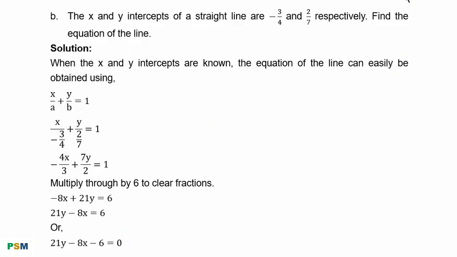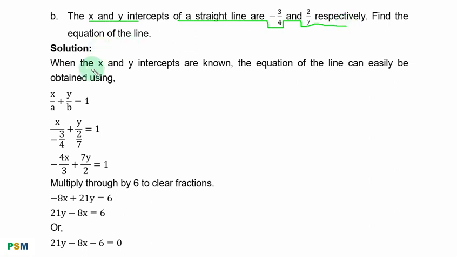centimeters. Question 13b. The x and y intercepts of a straight line are -3/4 and 2/7 respectively. Find the equation of the line.